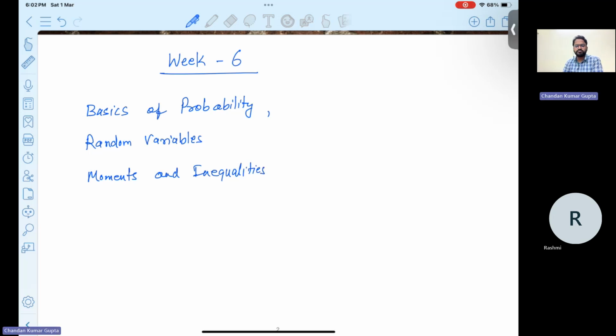We discussed the different kinds of moments and generating functions, like the moment generating function, probability generating function, and characteristic function. In the fourth week, we discussed some standard discrete and continuous distributions.